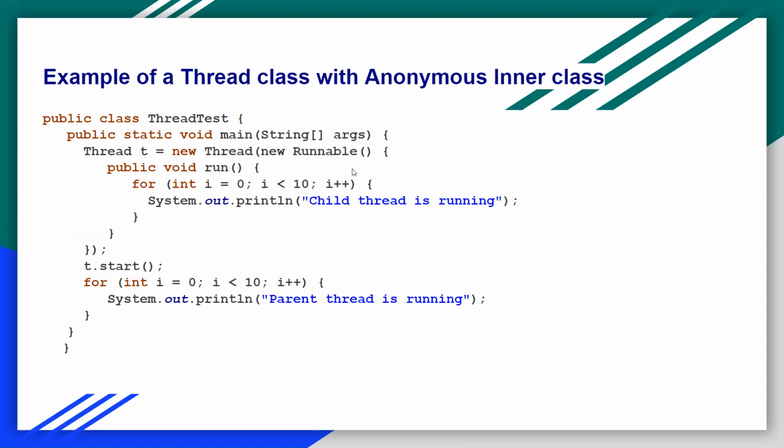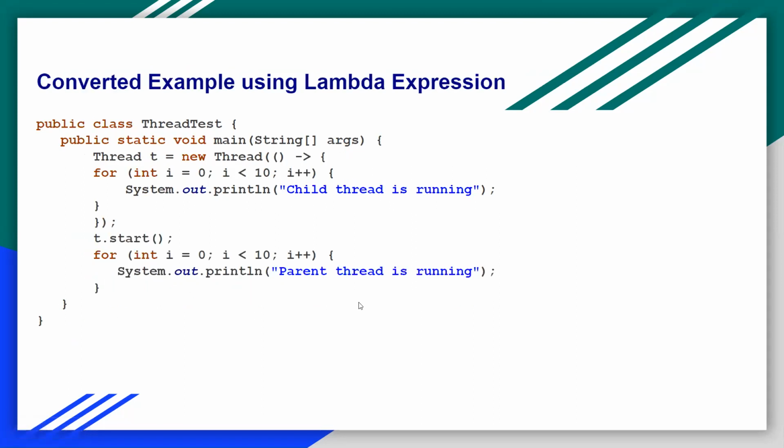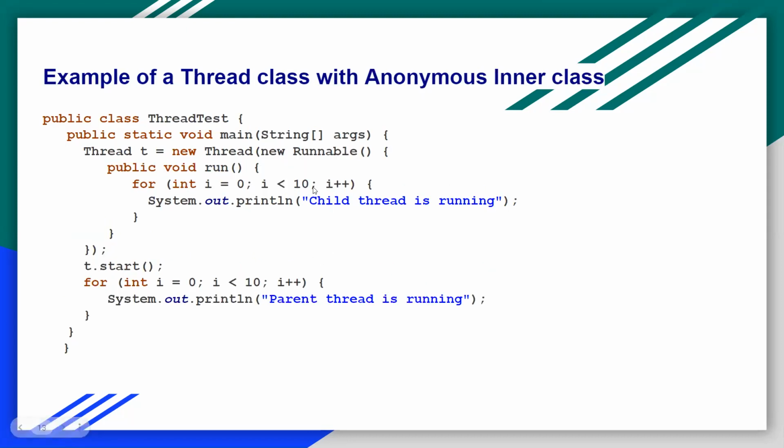The new runnable is there, and then the run method is there, and after that it is printing child thread is running, and then starting that thread and parent thread is running. This is the case of the thread class with anonymous inner class.